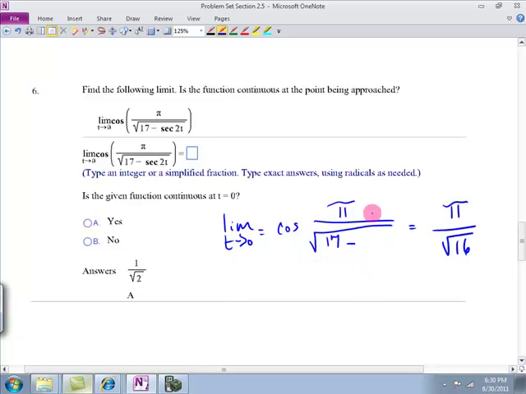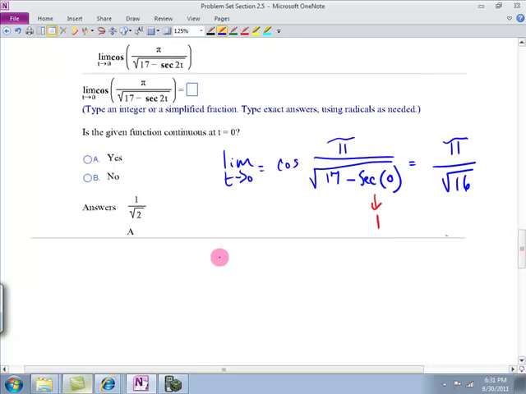And so secant of 0 is 1, and 17 minus 1 is square root of 16. So then what do we have? We have the cosine of pi over what? 4. All right, cosine of pi over 4. You try to remember cosine of pi over 4, sine of pi over 4, they're the same thing, and it's always square root of 2 over 2. Okay, because pi over 4 is 45 degrees, and that's what it is.